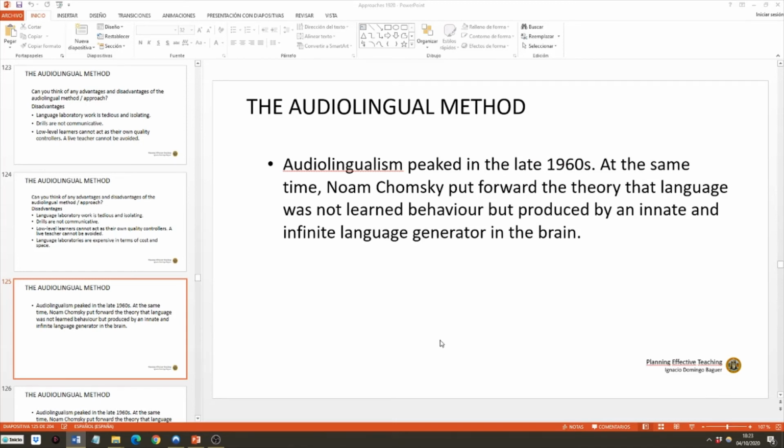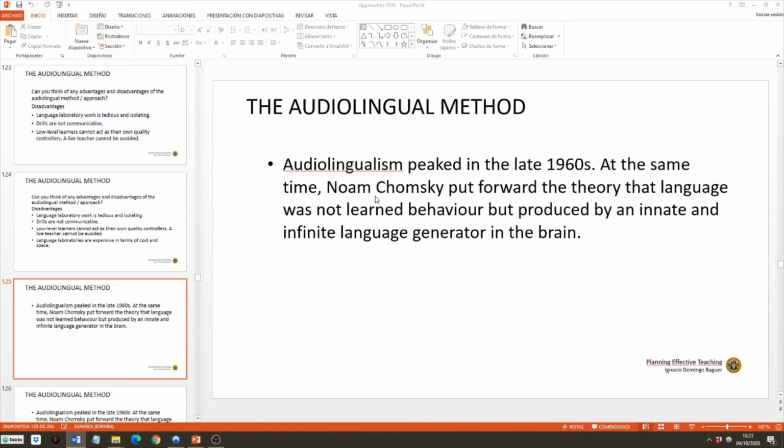Finally, as there is no explicit teaching of grammar and vocabulary, students are expected to have an excellent talent for inductive learning of both grammar rules and the meaning of words.